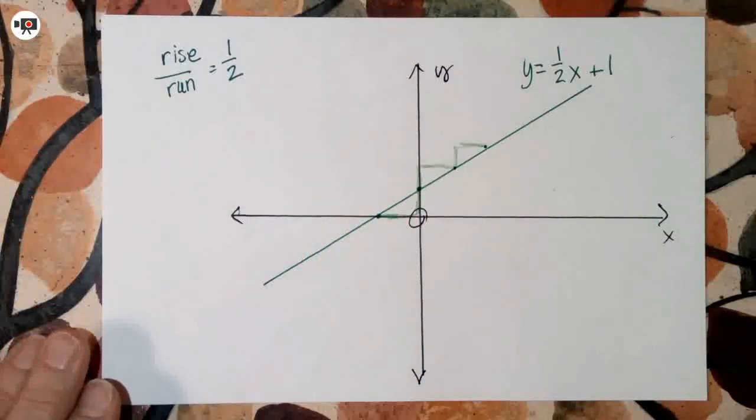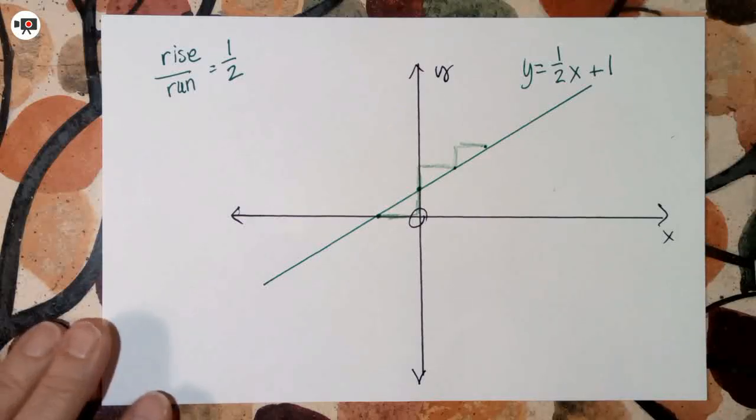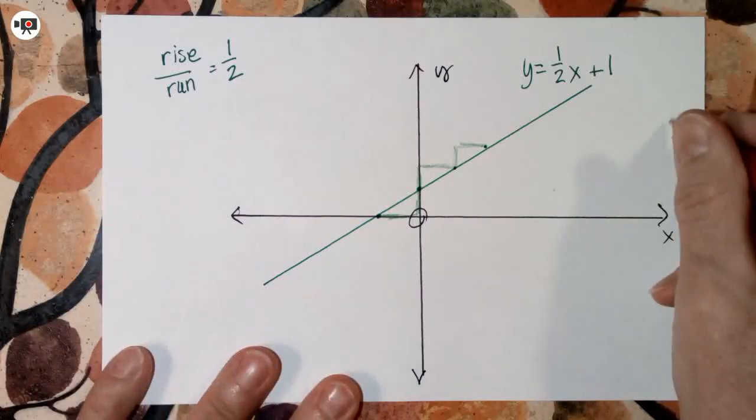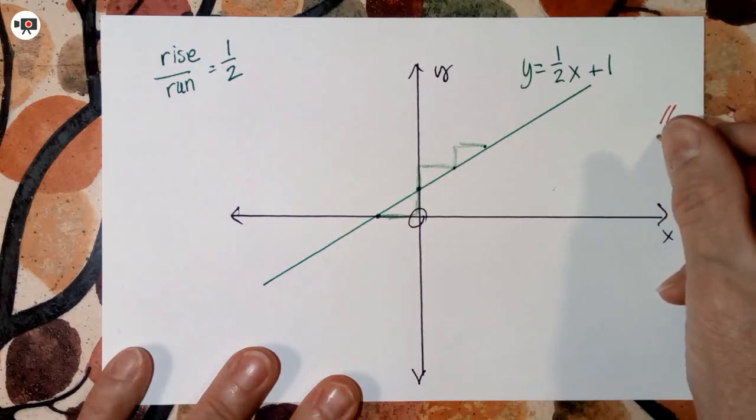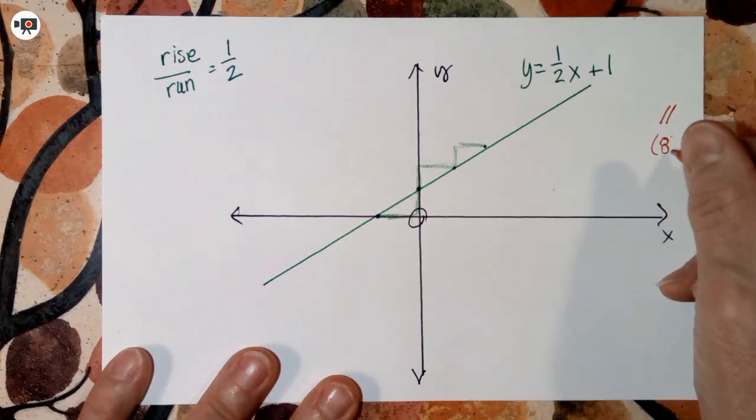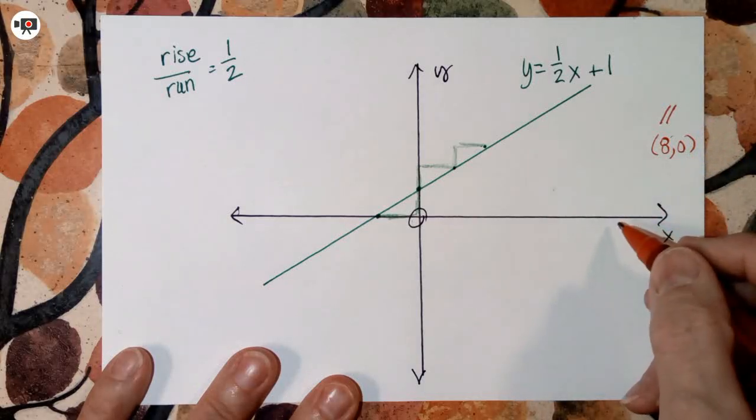Okay, so now I want the parallel line that goes through the point 8, 0. So now I'm going to want parallel and going through the point 8, 0. Now that's going to be somewhere along in here.